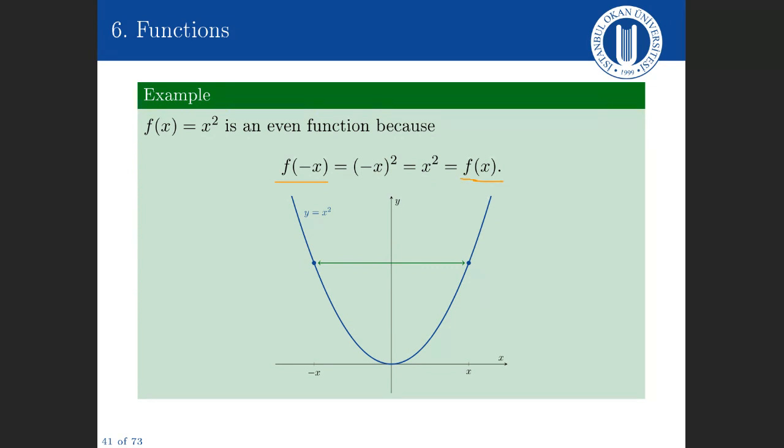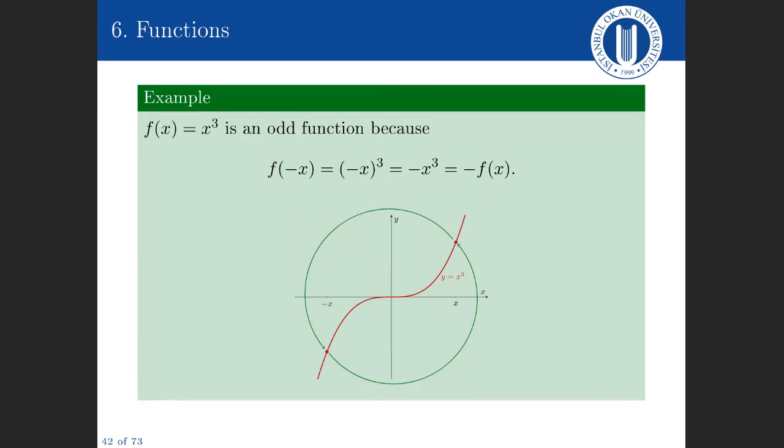So this function is called even. In terms of the pictures, we might imagine that we can put a mirror on the y-axis, and then the left part of the graph is a mirror image of the right part of the graph.